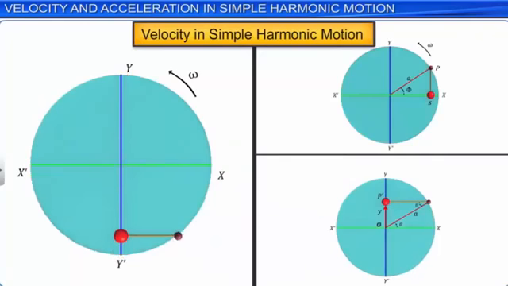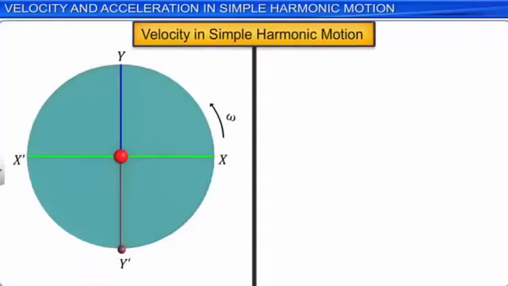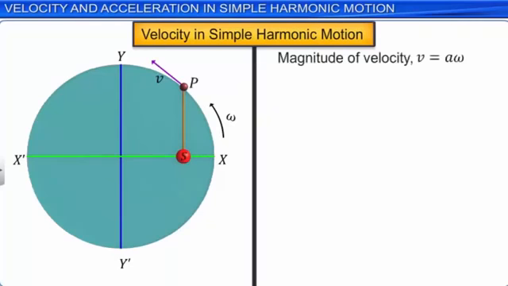The particle executes circular motion with a constant velocity v, whose magnitude is equal to a omega, where a is the radius of the reference circle.